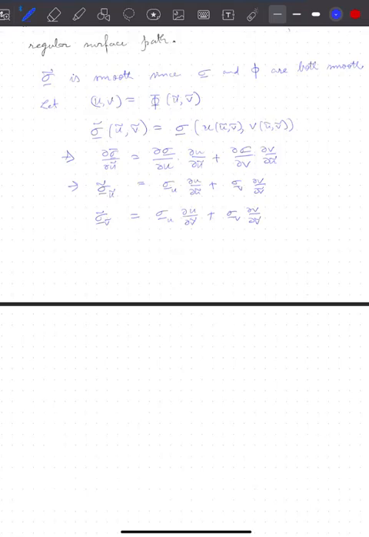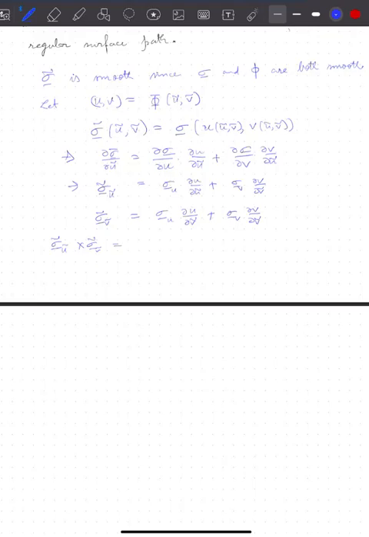Now we have that sigma tilde U tilde cross sigma tilde V tilde is equal to the cross product of both of them, right?